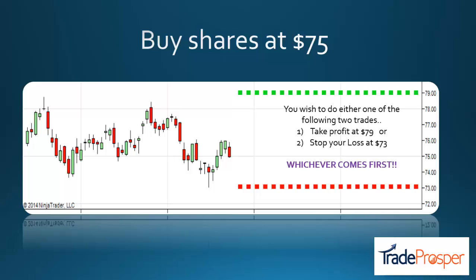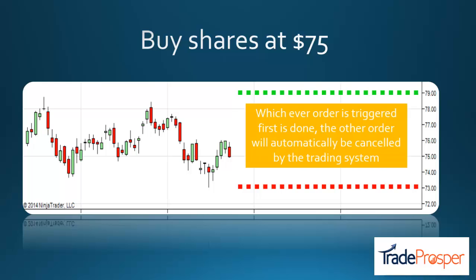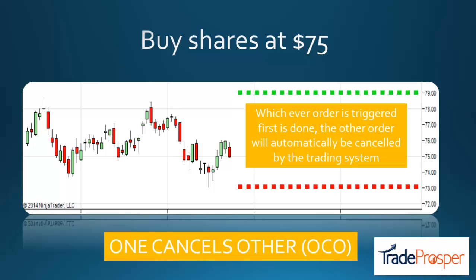At the same point, you load both orders, and you say, I wish to take my profit when the market goes to 79. In other words, sell out your shares there. Alternatively, if the spot goes the other direction, I wish to stop my loss as soon as we hit 73. And the order we will put in here is called a one cancels the other order, which says whichever order triggers first, do that order and cancel the remaining order. This is also referred to as an OCO order.